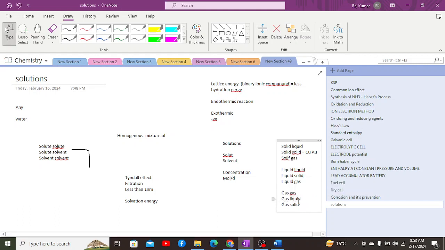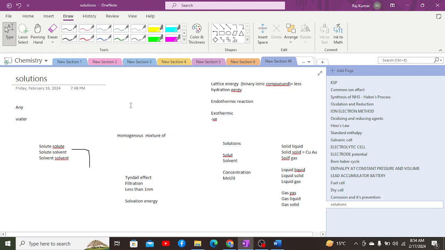In sea water, the liquid is the solvent, and the oxygen which is captured by the water molecules inside the sea is a gas acting as a solute. So this is the gas-liquid example. Gas-solid has the example of the standard hydrogen electrode, in which the platinum acts as the solvent, and the gas which is passed over it is the solute. So this is about it.